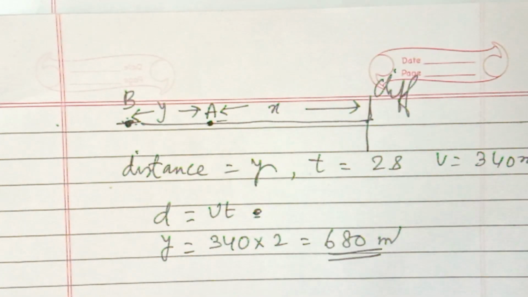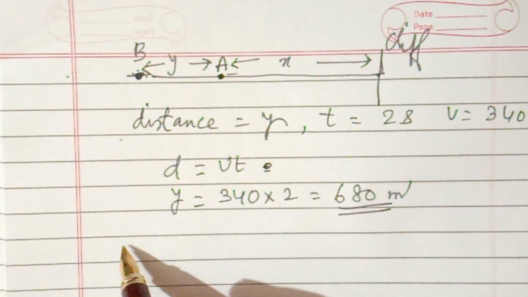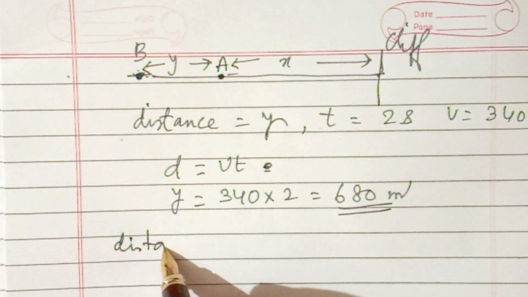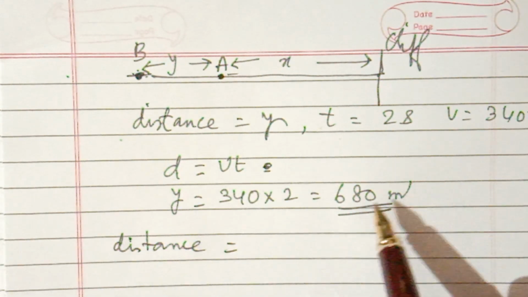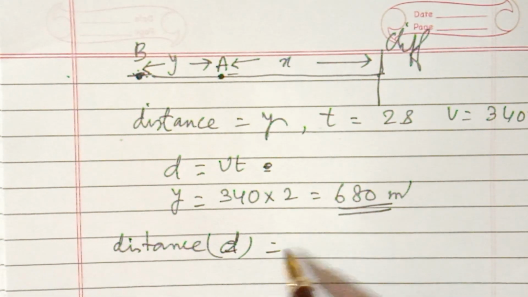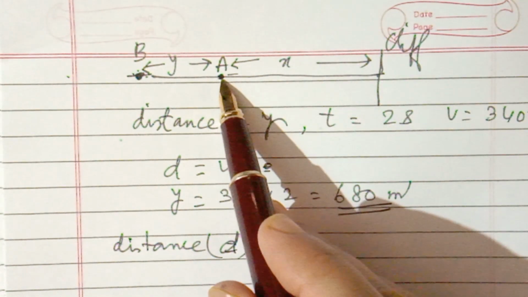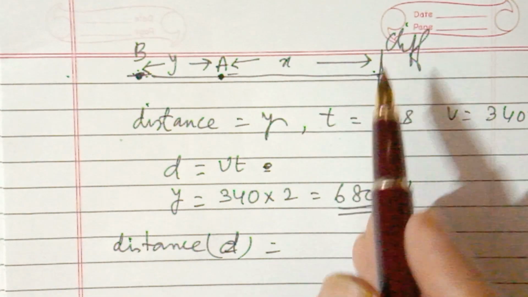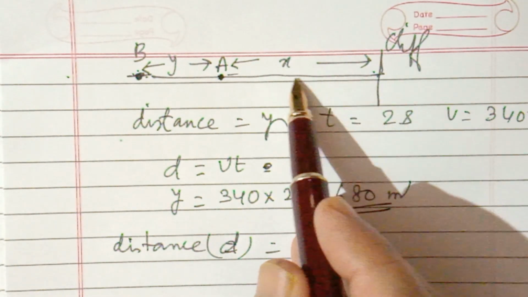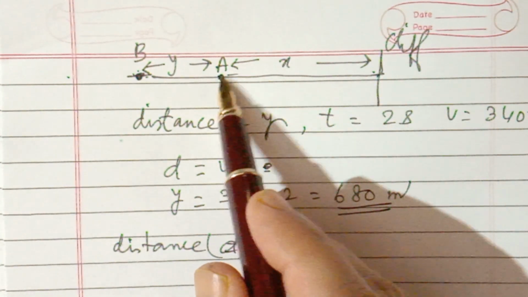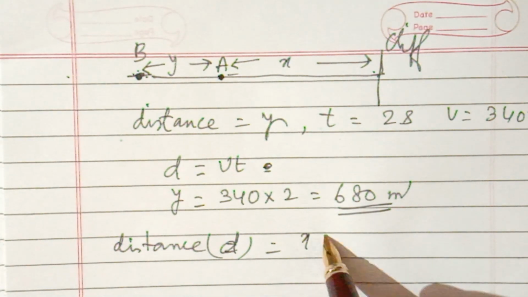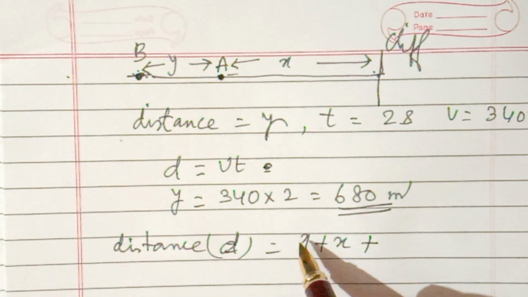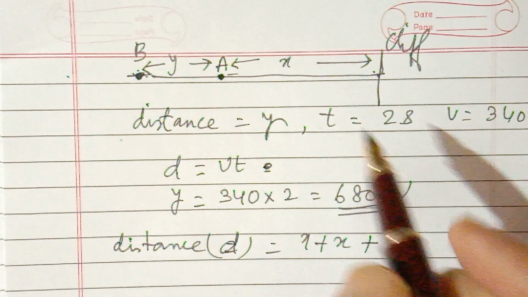So total distance you find again. So d is equal to, sound is going to the cliff, traveling distance x, then coming back up to this again x. So x plus x, or you write 2x directly, no problem.